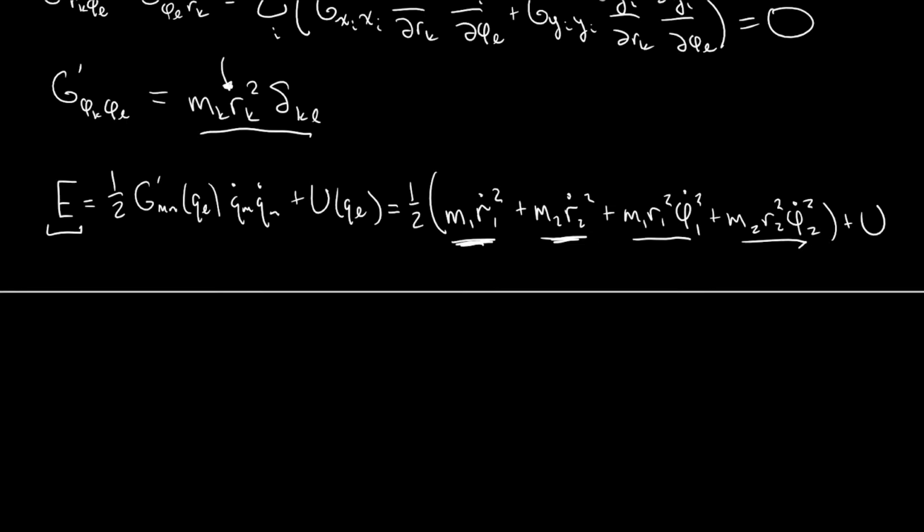We have no choice but to include them. So this is the beauty of this formalism, that we get all of this just by turning the crank, doing everything very mechanically, and all of this falls out of the formalism.